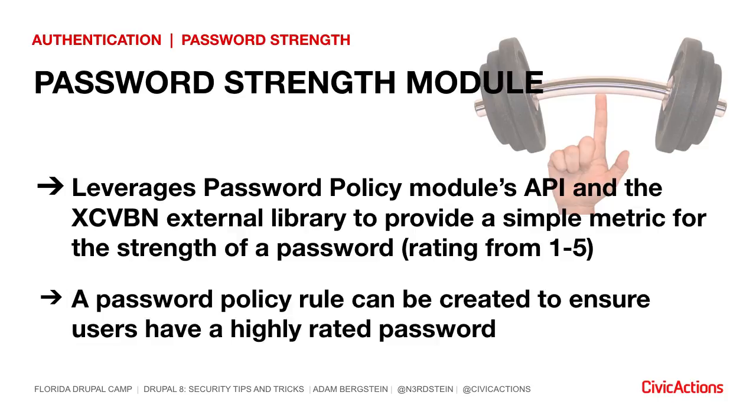And the great thing about this library is that it is the most trivial thing to configure. It is a scoring system. It takes a password and it derives its entropy based on how secure that password is. It's a score from 1 to 5. So all you do whenever you're configuring this is you say, I want to make sure that my users have a score of at least a 4. And the 5s are really crazy passwords. I'm talking like 30 to 40 characters of insanity, right? So you probably want to start with a 4.